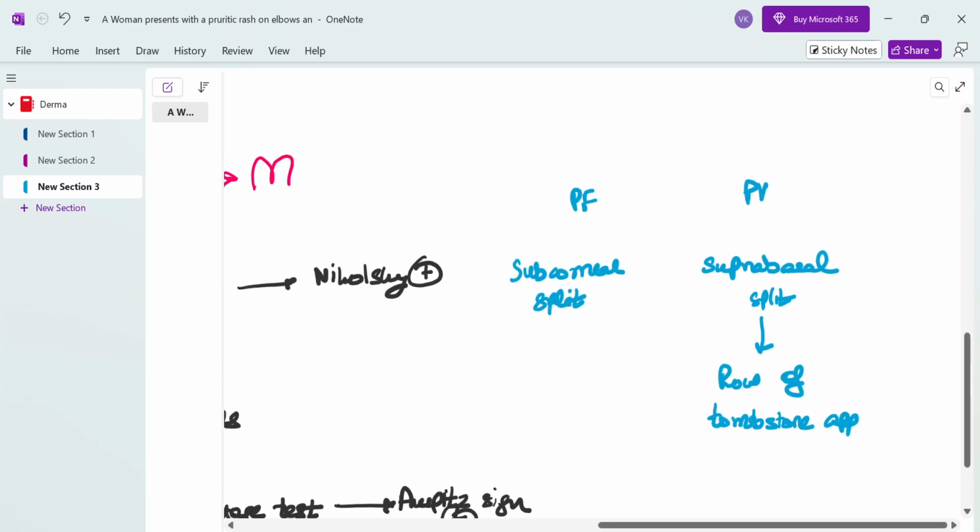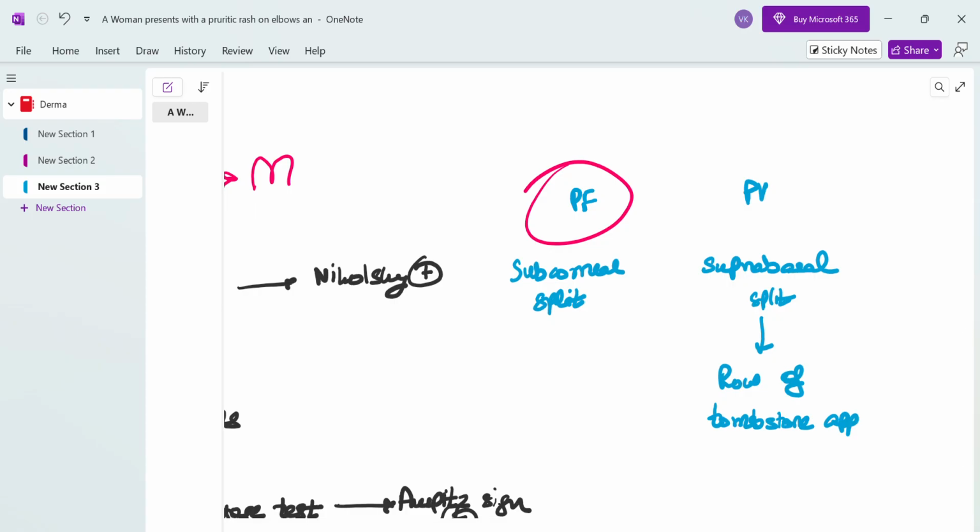Also, in pemphigus foliaceus, we have a subcorneal split. So the roof is made by only the stratum corneum. So it is a weak roof, it bursts easily and presents as raw areas in seborrheic distribution. Whereas in pemphigus vulgaris, it has a suprabasal split. Because of that, the roof contains 4 layers. It is a stronger roof, we can say, and it has less tendency to rupture as compared to foliaceus.